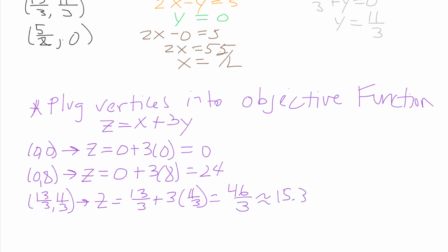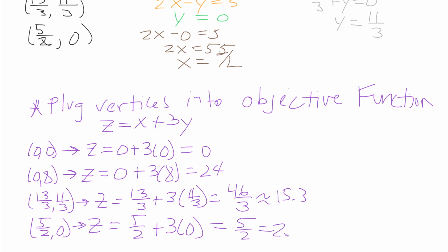I want that decimal just so that I know what I'm comparing it to. And then my last vertice that I had was 5 over 2, comma 0. So this would give me z equal to 5 over 2 plus 3 times 0, which is 5 over 2, or 2.5.